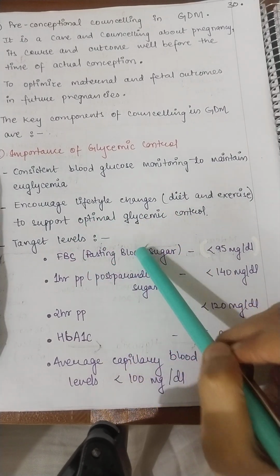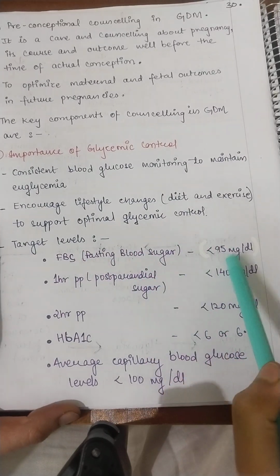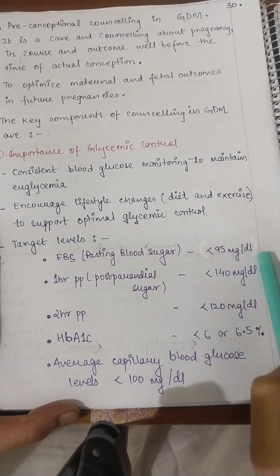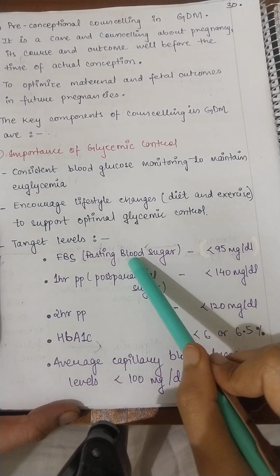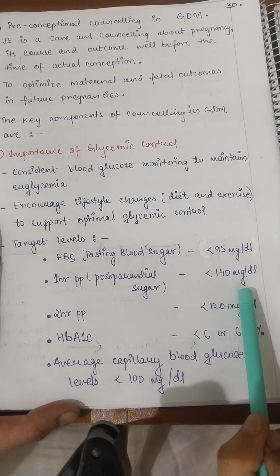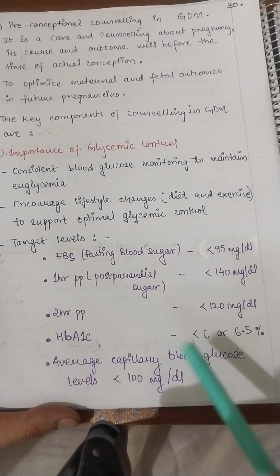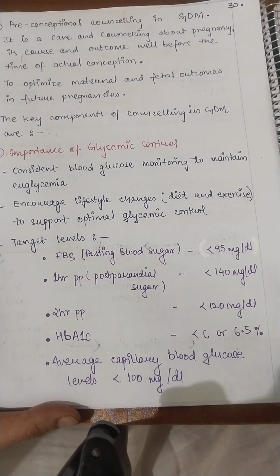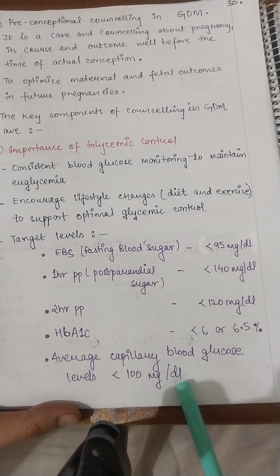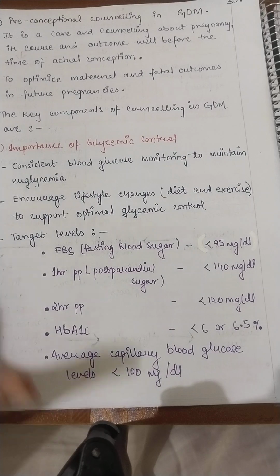Target levels to achieve: fasting blood sugar less than 95 mg per dl, 1 hour postprandial sugar less than 140 mg per dl, 2 hour less than 120, HbA1c less than 6 or 6.5, average capillary blood glucose level less than 100 mg per dl.